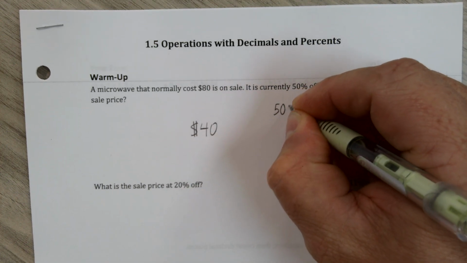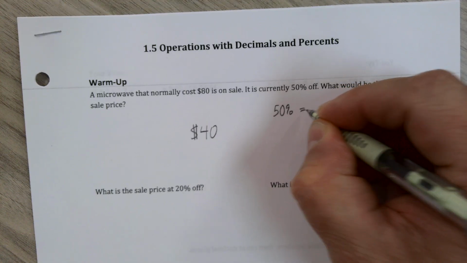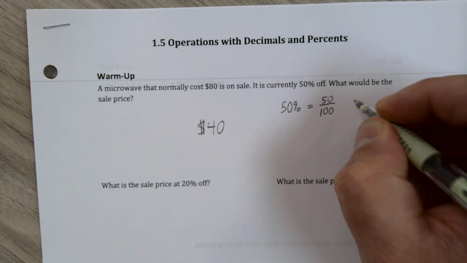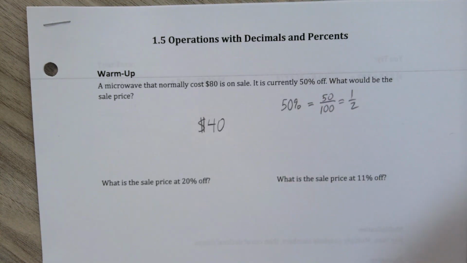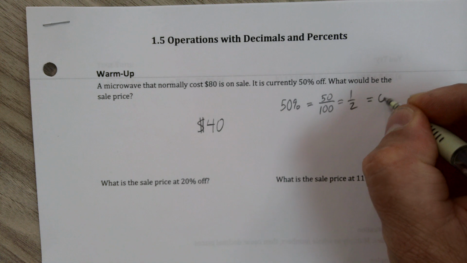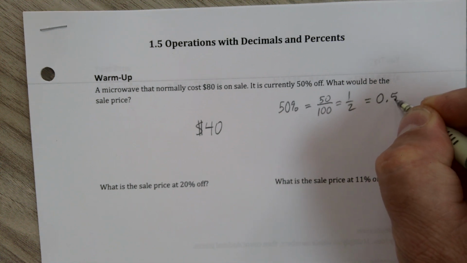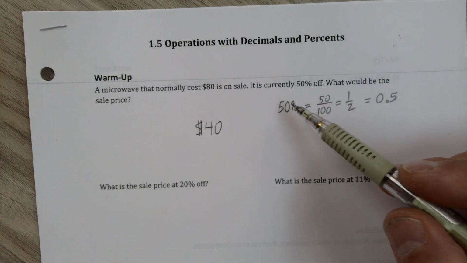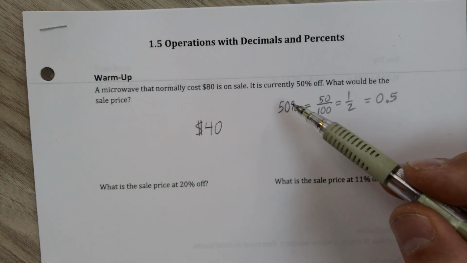Now remember, 50% is the same thing as 50 per 100, which is essentially 1/2 when you reduce that fraction down. It is also the same as 0.5. So 0.5, 1/2, and 50% all mean the same thing. Now, when we do calculations, we almost never use the actual percent.